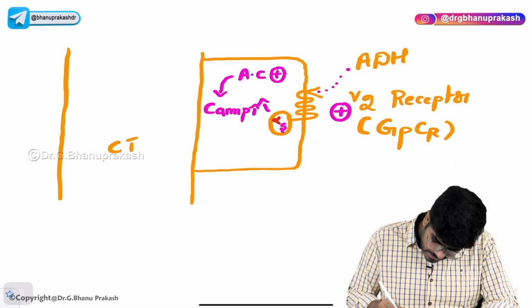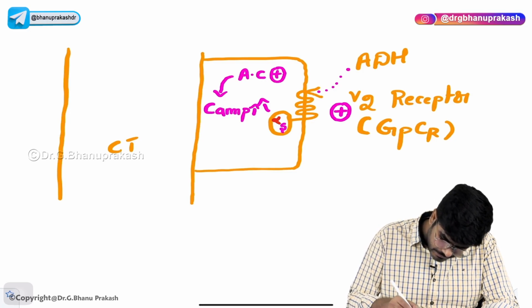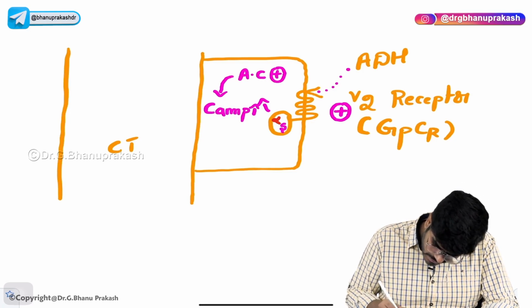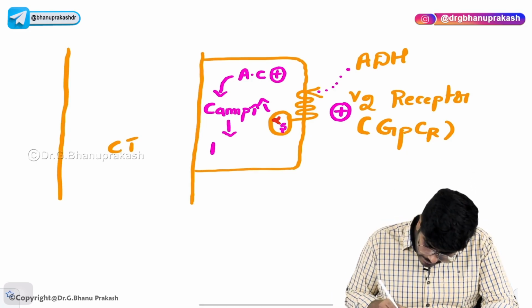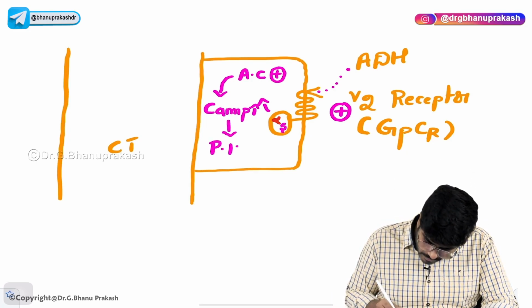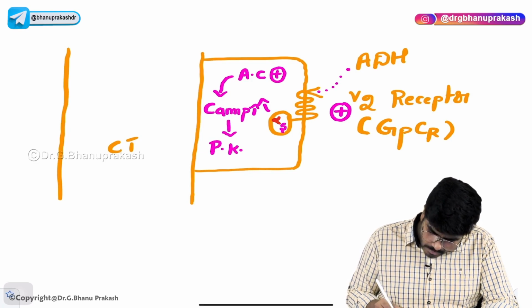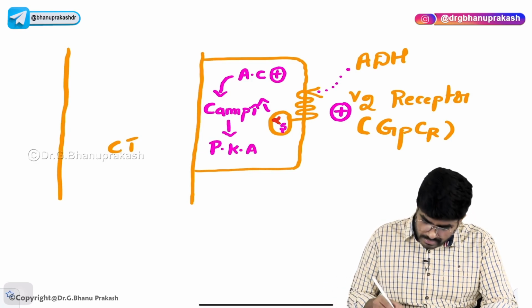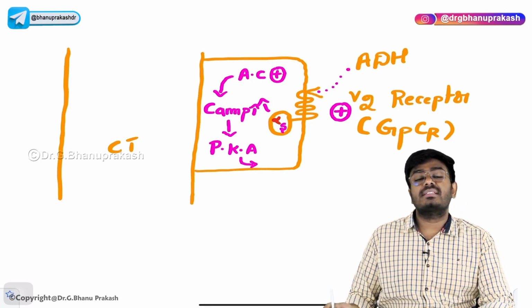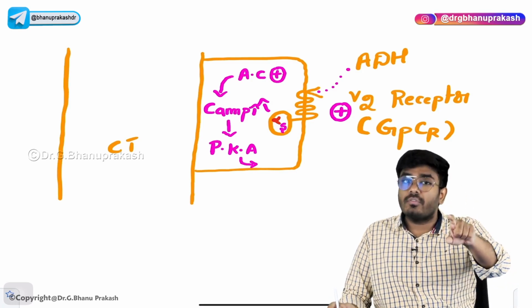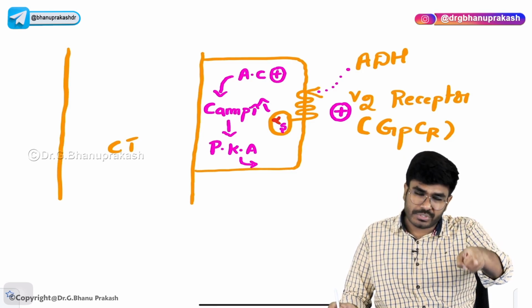Now whenever the cAMP levels are increased, it will help in activation of protein kinases. So protein kinases are activated. Whenever the protein kinases are activated, they will cause phosphorylation of necessary proteins involved in water reabsorption.